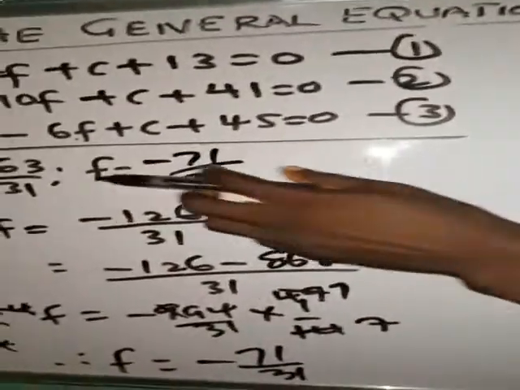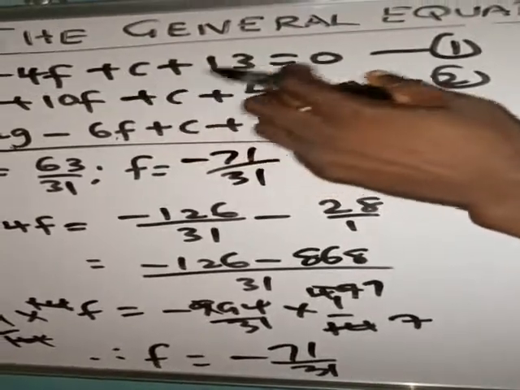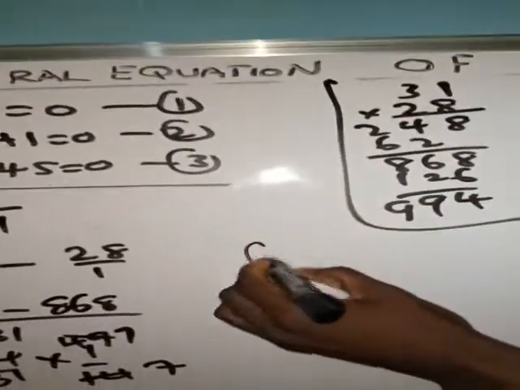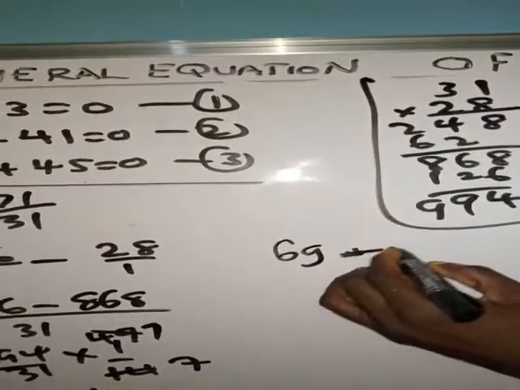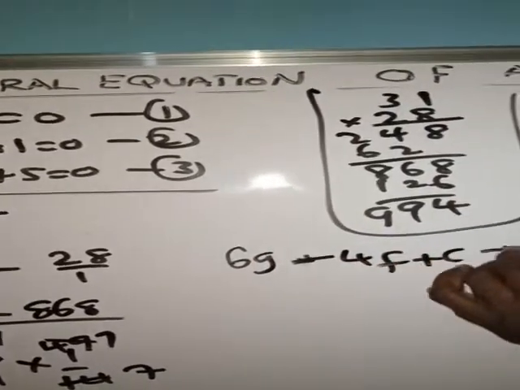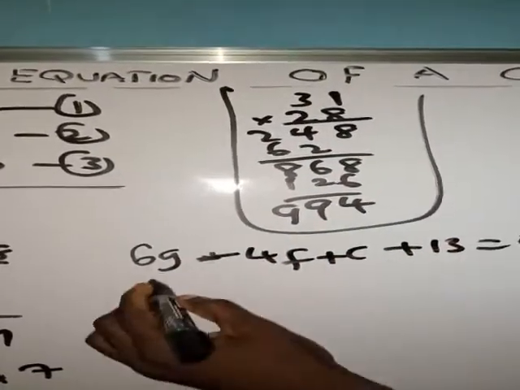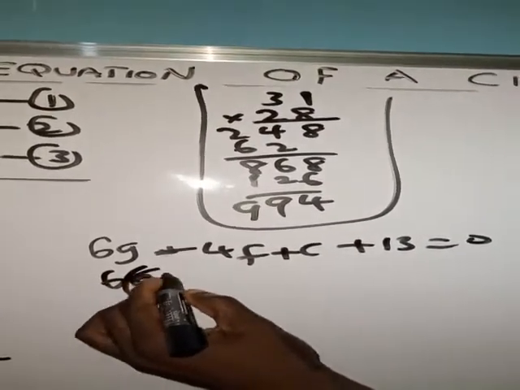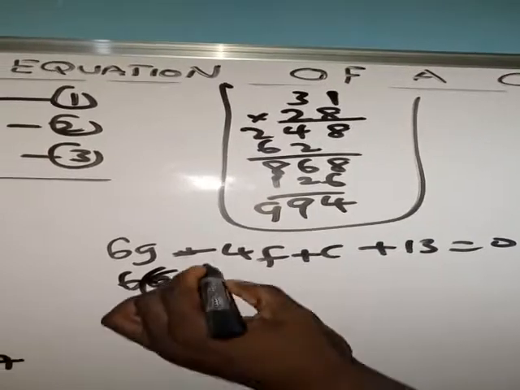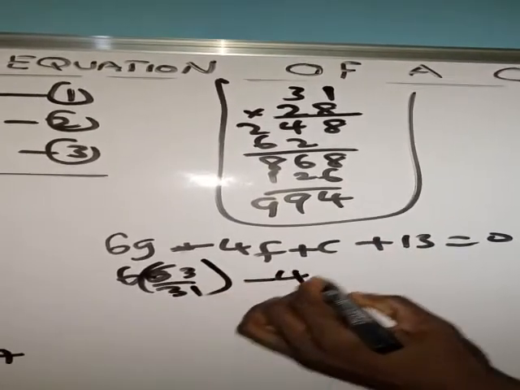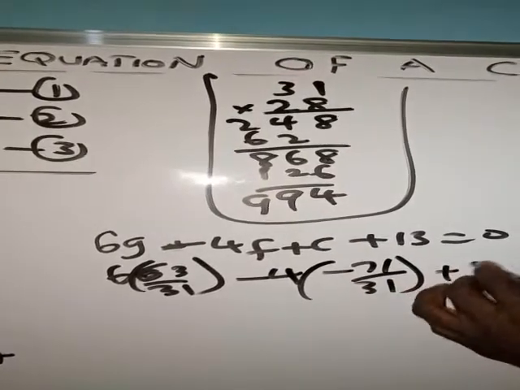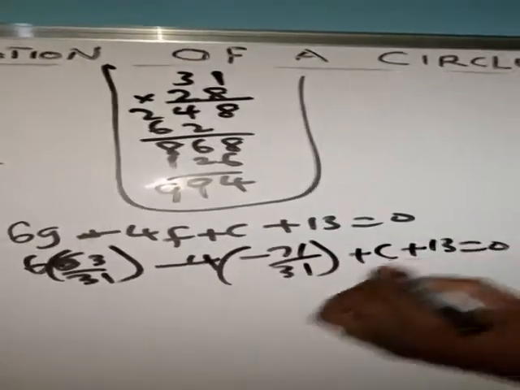Now we substitute g and f into any of the equations to get c. I'm using equation 1. So it's 6g minus 4f plus c plus 13 is 0. So 6 times g, g is 63 over 31, minus 4f, f is minus 71 over 31, plus c plus 13 is 0.